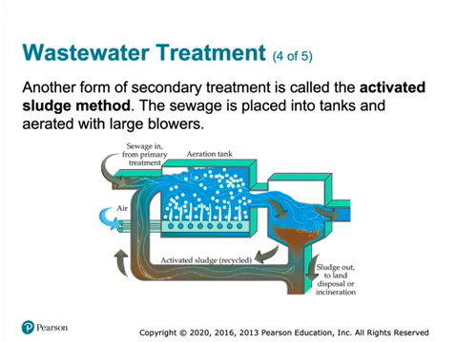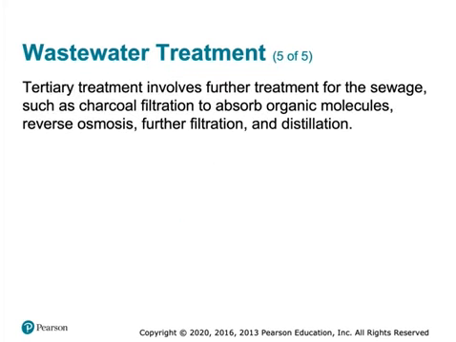Secondary treatment uses bacteria and activated sludge. Activated sludge is bacteria that consumes the waste product, and it's aerated to give it oxygen, and then the sludge is collected and recycled and used again, and then the water is typically sterilized after that.